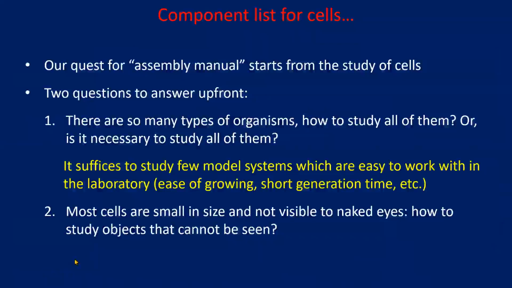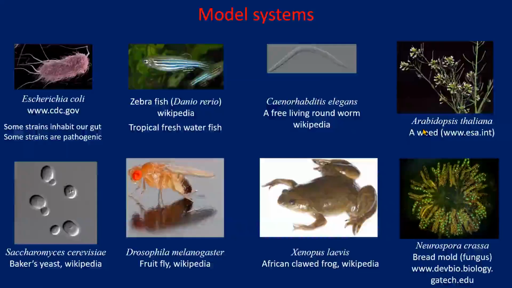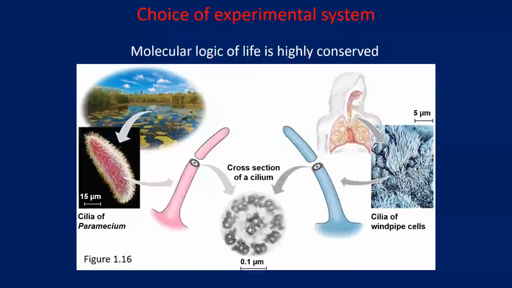So to answer the first question, it will suffice to study a few model systems which are easy to work with in the laboratory, because those model systems will be easy to grow and will have a short generation time. And even though you have the model system, remember that there are a few organelles which might have very different functions in different organisms, but the structure will remain very similar.